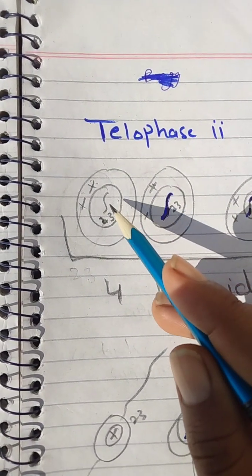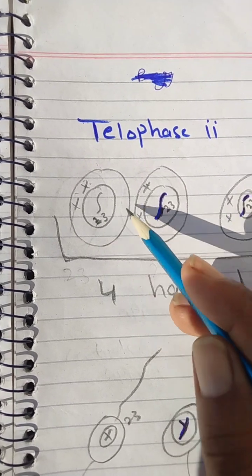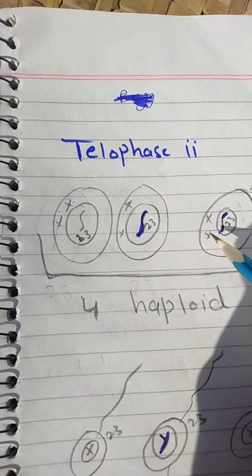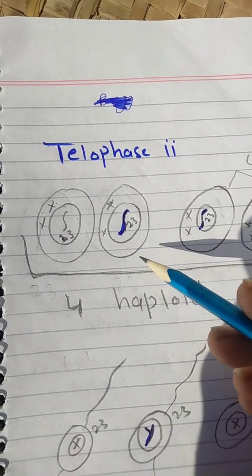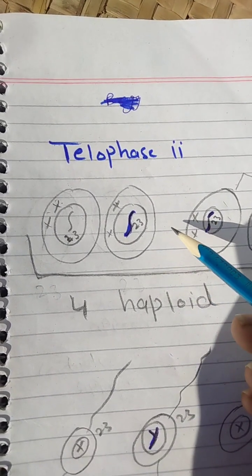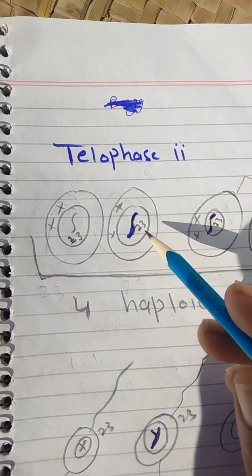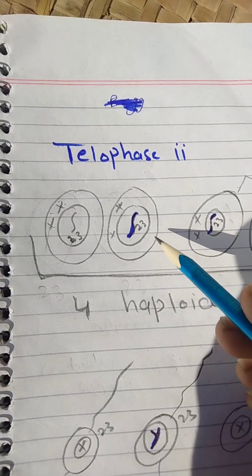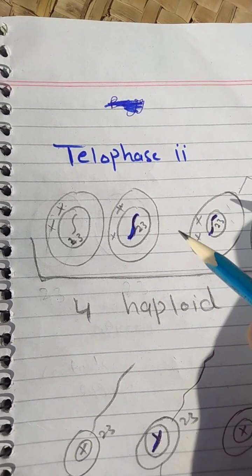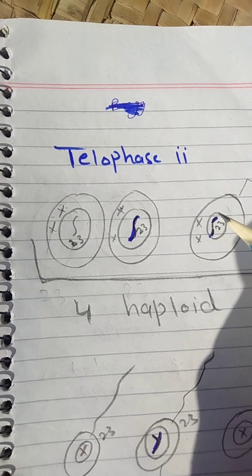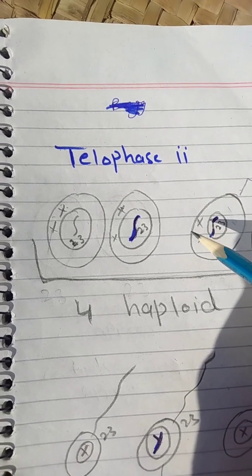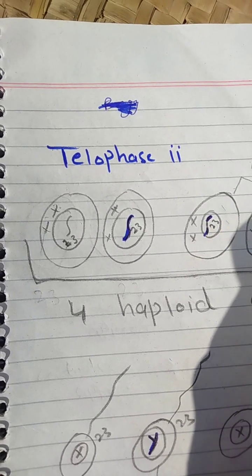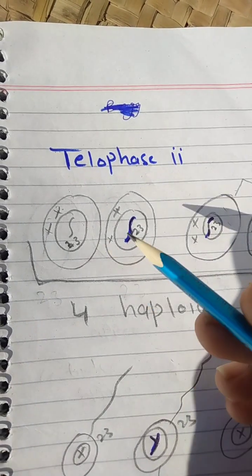And 23 chromosomes, 23 and 23, four haploid cells are formed at the end of telophase 2. Now this cell is haploid, and meiosis is a reduction phase. In this, the number of chromosomes becomes half as compared to the parents. But in mitosis, the number of chromosomes in the daughter cell is the same as the parents.